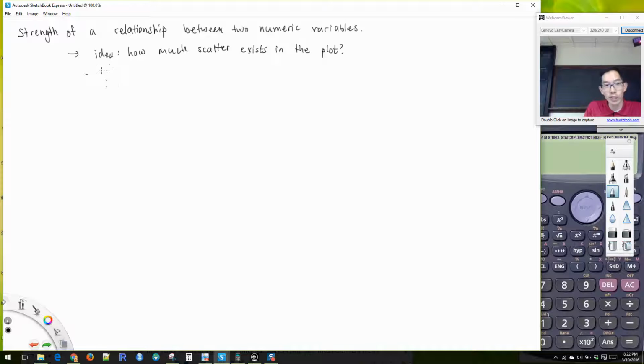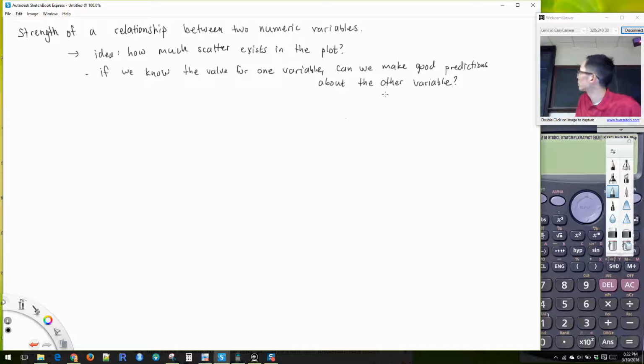Or another idea is, if we know the value for one variable, can we make good predictions about the other variable?